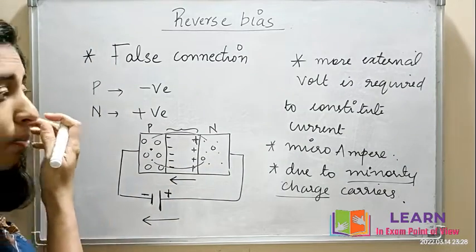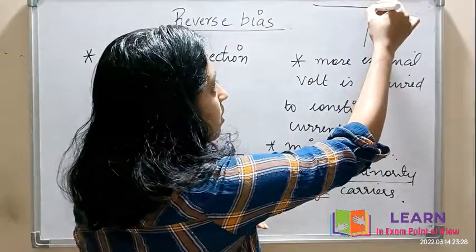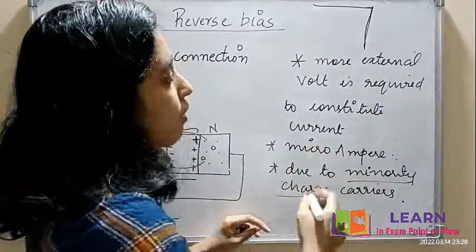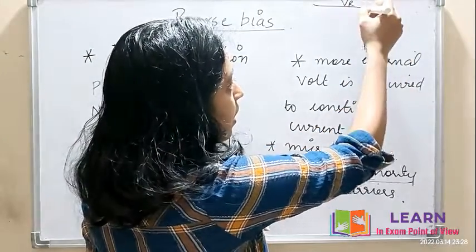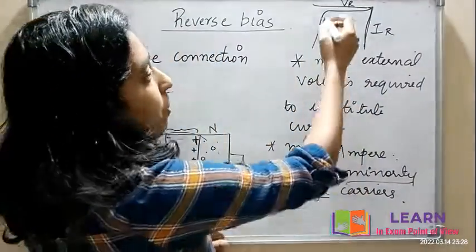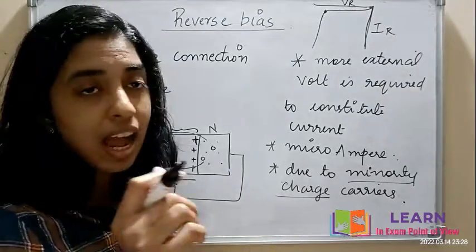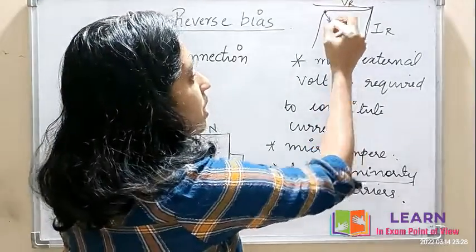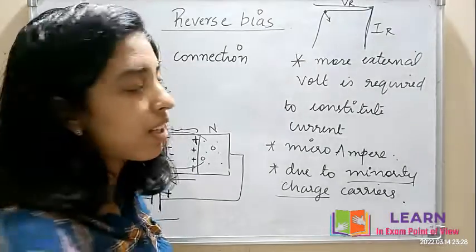And if you want to plot a graph of this reverse biasing, if we plot here the voltage of reverse biasing, here current, initially it will be constant, then at a point of voltage the current will increase suddenly, and this name you remember, this voltage after which there will be a large current.